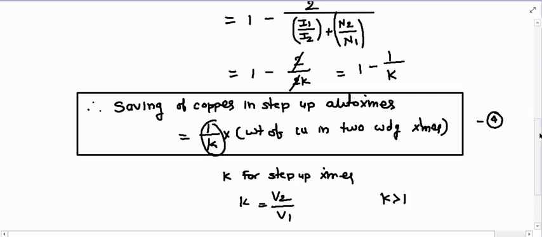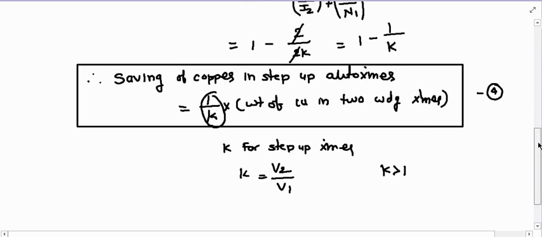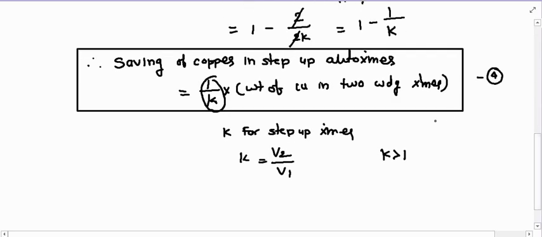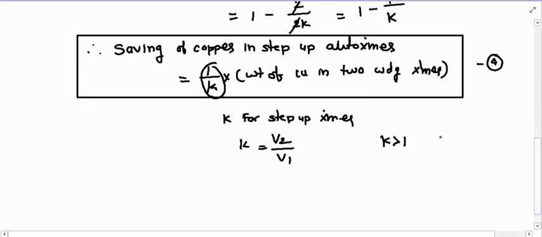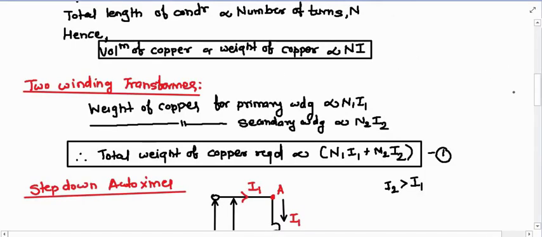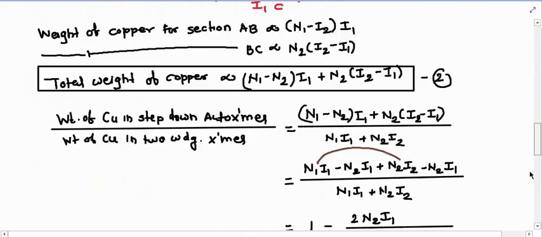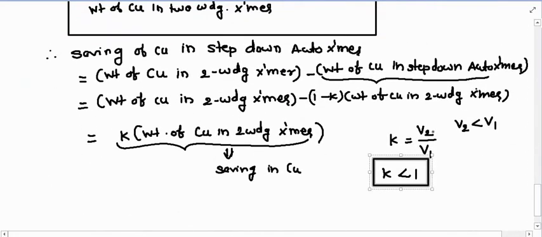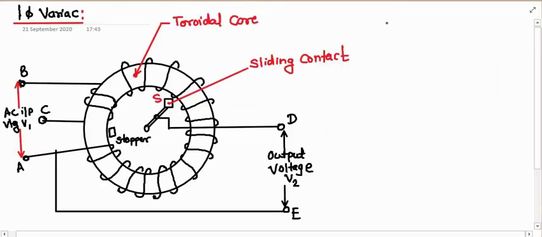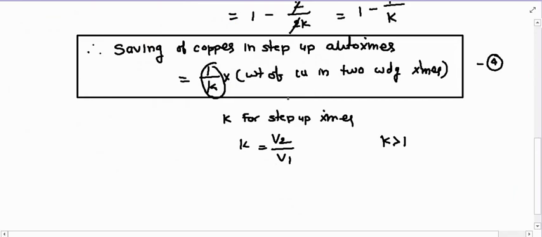So there will be considerable saving in the copper if I use an auto transformer or single winding transformer as a step-up transformer. So from this equation and the previous equation, what you can conclude? We can conclude that nearer the transformation ratio is to unity, greater will be the saving in the copper.